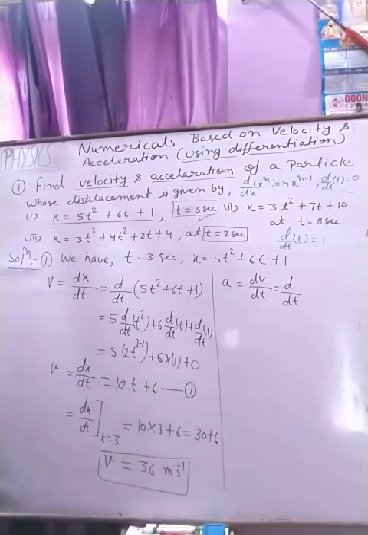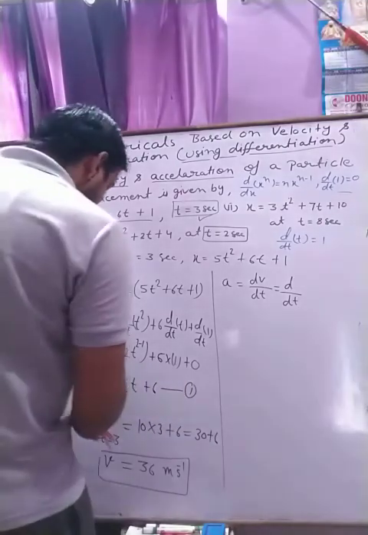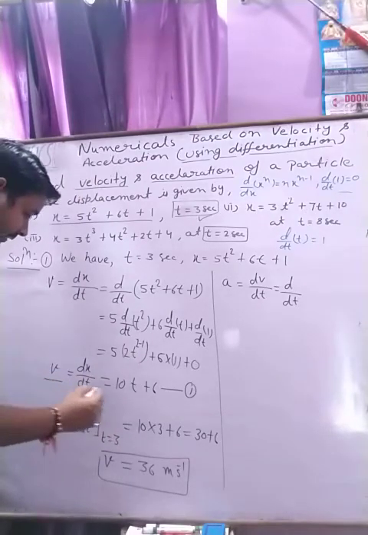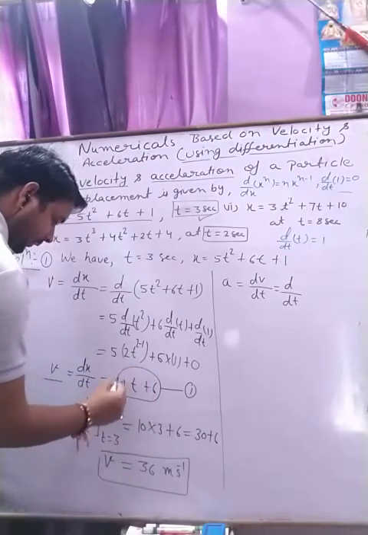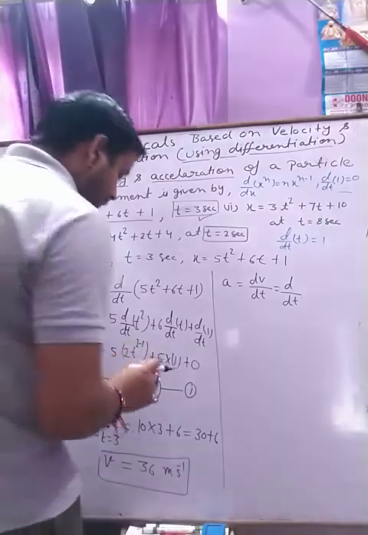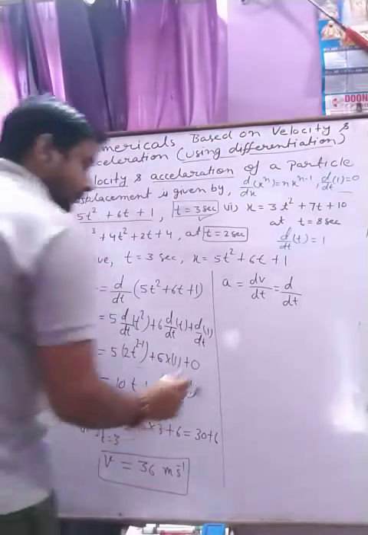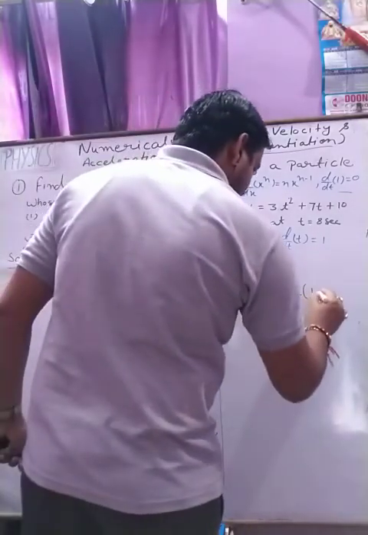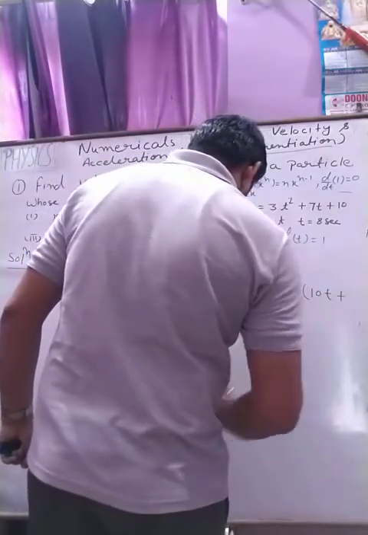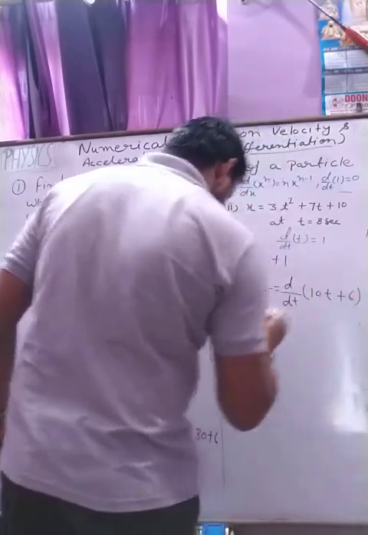We call this equation 1. So we have velocity v equal to this value. Okay, therefore d over dt of 10t plus 6.